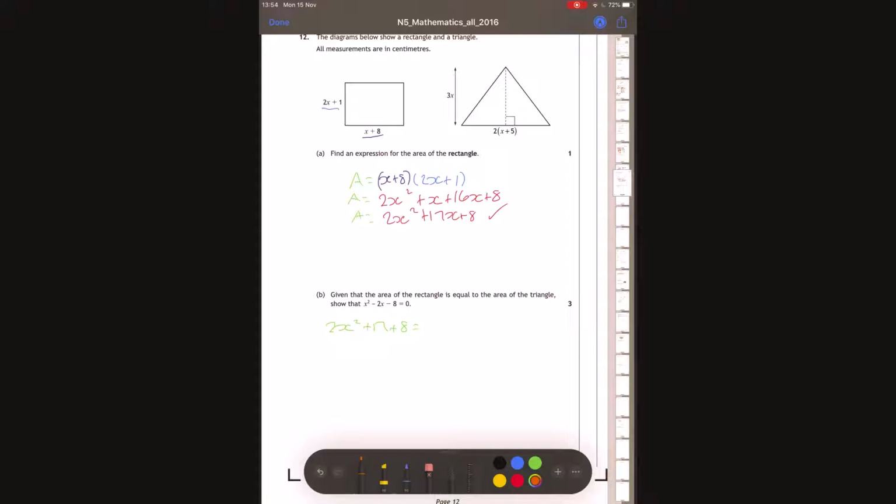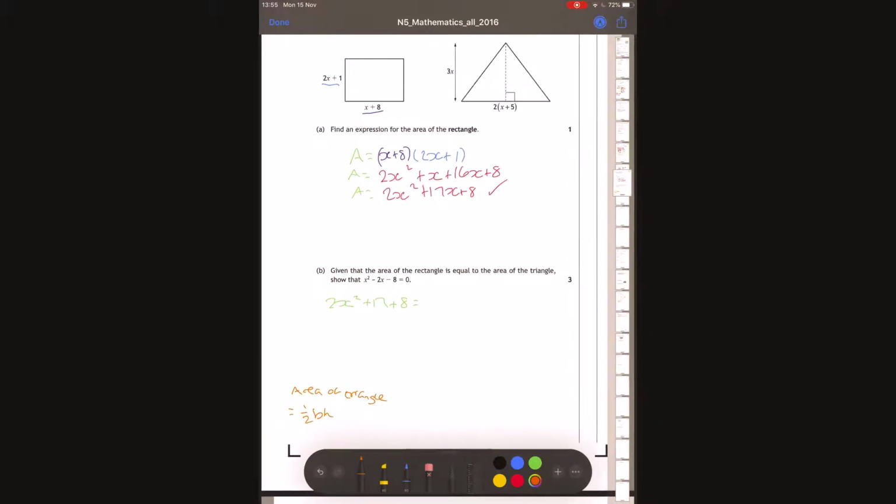So how do we find the area of the triangle? Well, we know that the formula for area of a triangle, I'll do it down here, is equal to half times base times height, half BH. So we're doing half times, what's our base? 2x plus 5, times height, which is 3x. So half base times height.